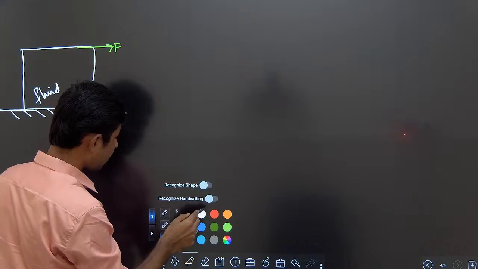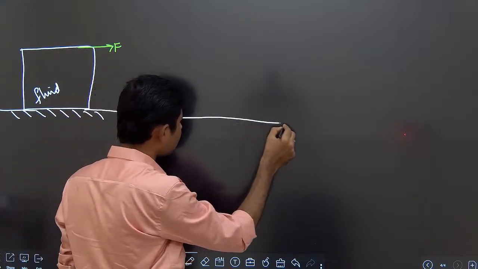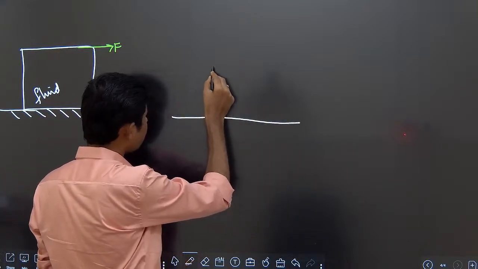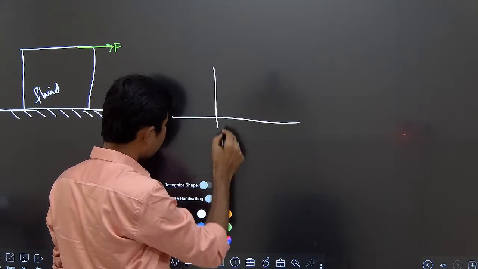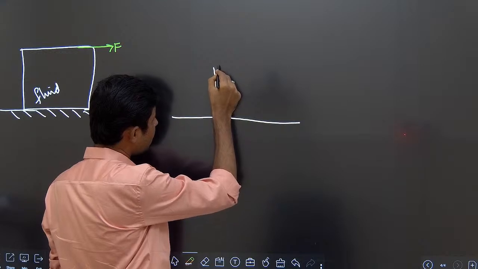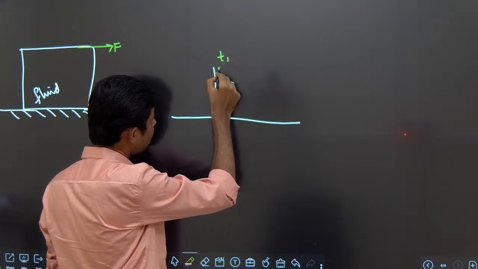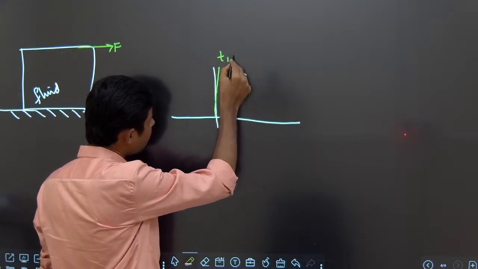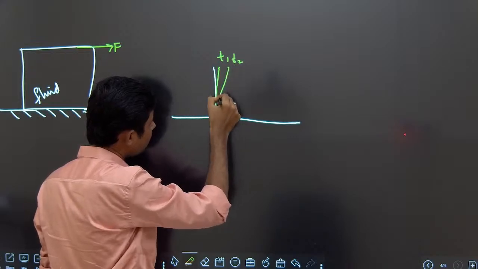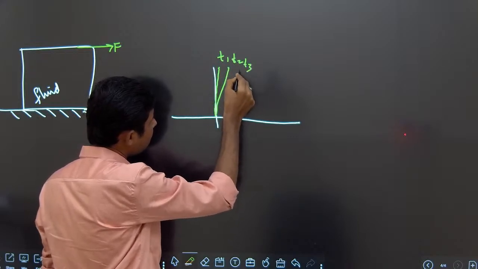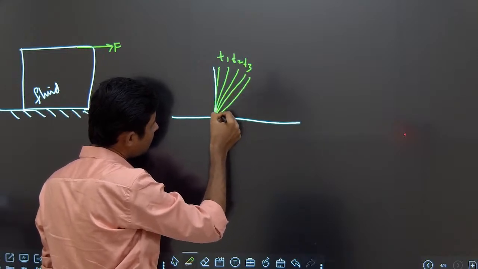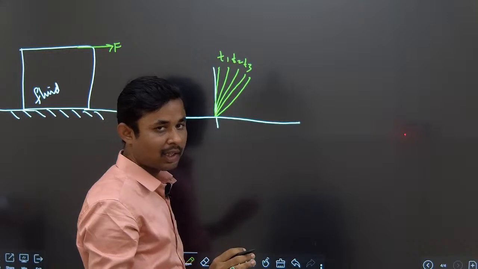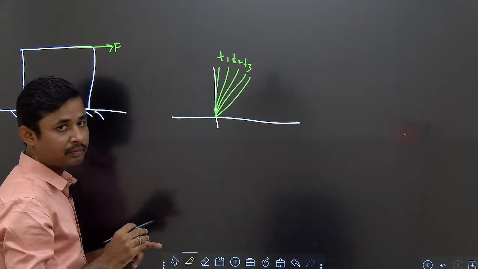What we have seen is, as we apply the shear force, the body gets deformed continuously. In the first second it deforms to here. Immediately in the second second it will deform here. In the third second it will deform next. It will deform continuously. It won't stop deforming once we have applied the force.